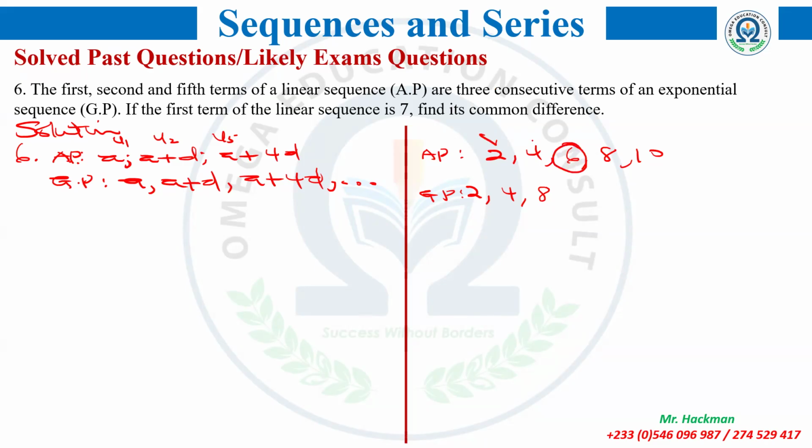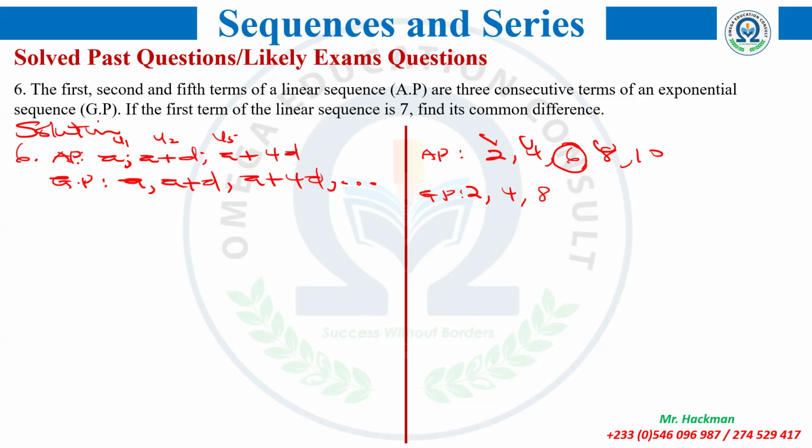I picked this, this, and this, and they are now consecutive terms, and these consecutive terms form a GP. So that's the import of the question. I'm not saying that the first 3 terms here will also form one. Obviously they cannot. Do you get the point now?